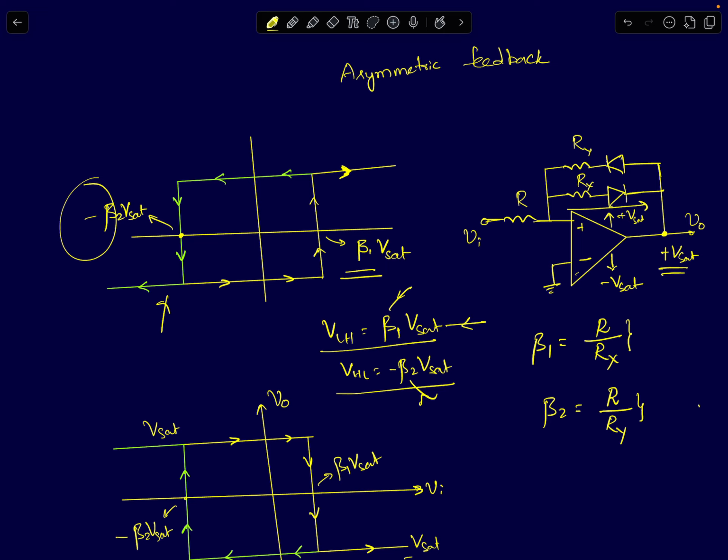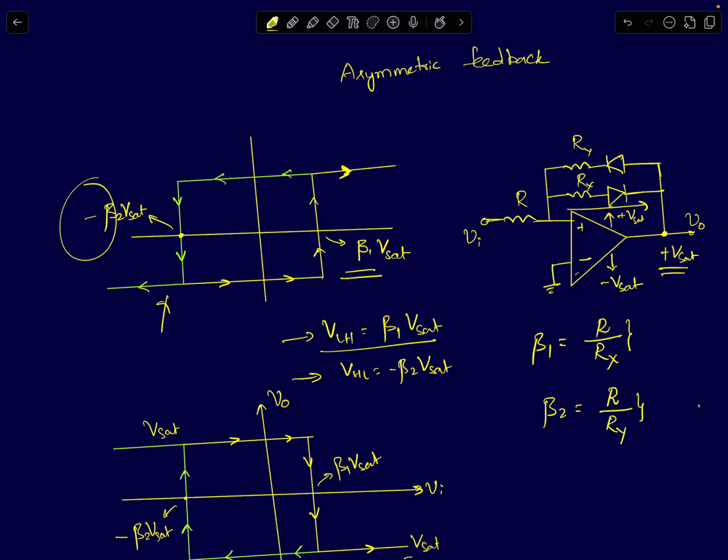In case of comparators with open collector or open drain outputs, we will have to take into consideration the logic high and logic low levels and all that. I'll talk about that when I discuss open collector and open drain outputs. Right now all I'm trying to tell you is that there are two design variables, which means you will have two design equations, and there are two unknowns in these equations: beta 1 and beta 2.